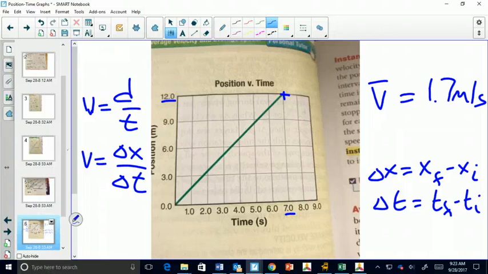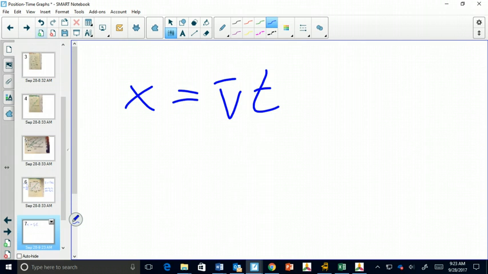We did all of this to prepare you for one more equation, which is here on page 50, the very end of section 2.4. If we're trying to find the distance somebody traveled, we have to take the average velocity times time. So this is our dirt equation, or the divot equation.